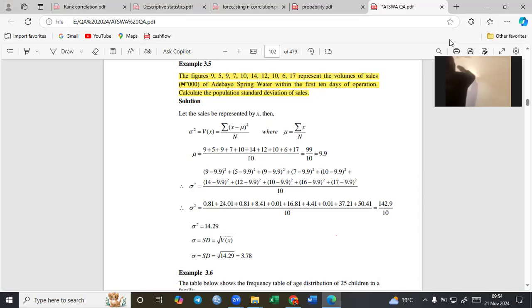So write the question down so that we can concentrate here. So allow me to stop presenting. Now, standard deviation is our topic.